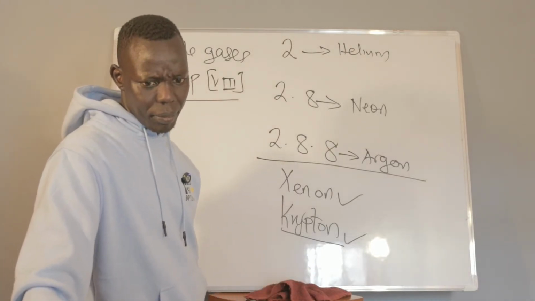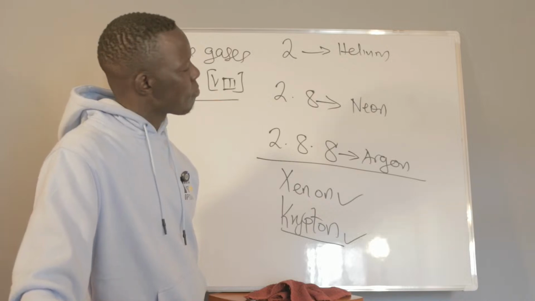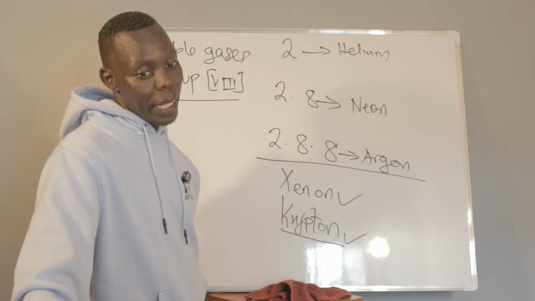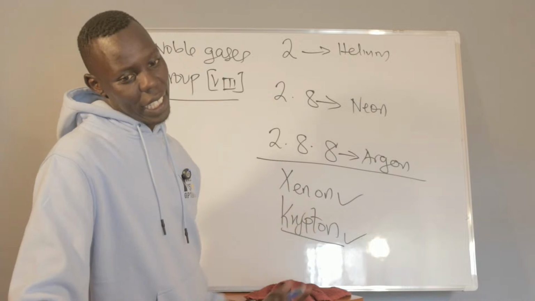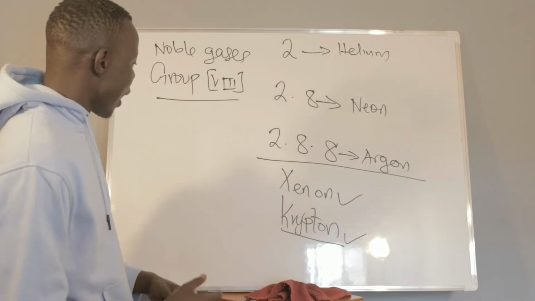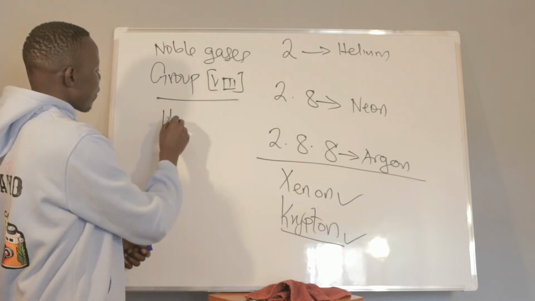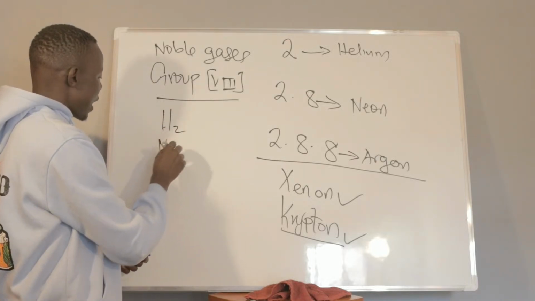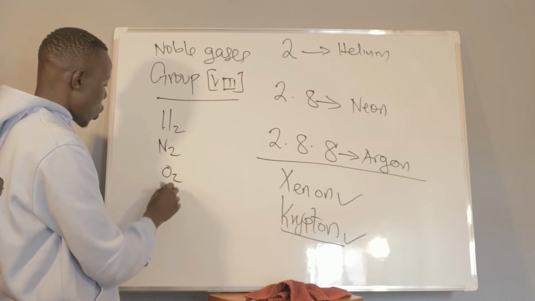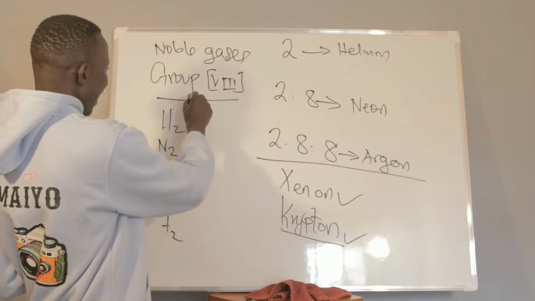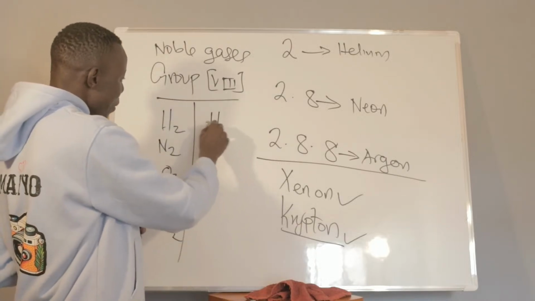Concerning these gases, I will not give you the chemical properties because they do not react. But kitu moja nataka nikwambie, the other gases are molecules. Unajua ukiandika hydrogen unaandikanga hivi. Ukiandika nitrogen unaandikanga hivi. Oxygen, chlorine, fluorine inakaanga hivi. Ukiandika helium unaandikanga helium hivi.